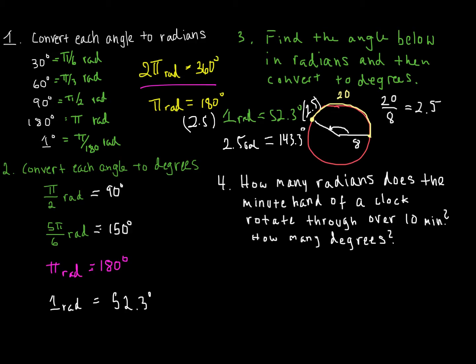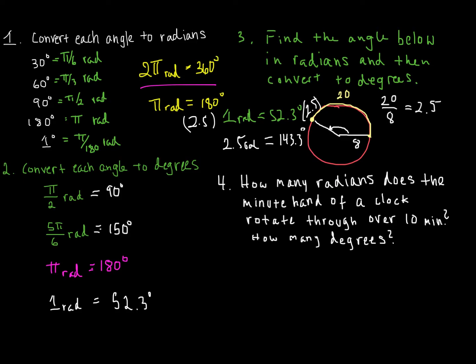And this should make sense because if we look here, this is almost a half turn, right? A half turn would be pi radians, 180 degrees. And pi is more than 2.5, and so 2.5 radians certainly should be a little less than 180.